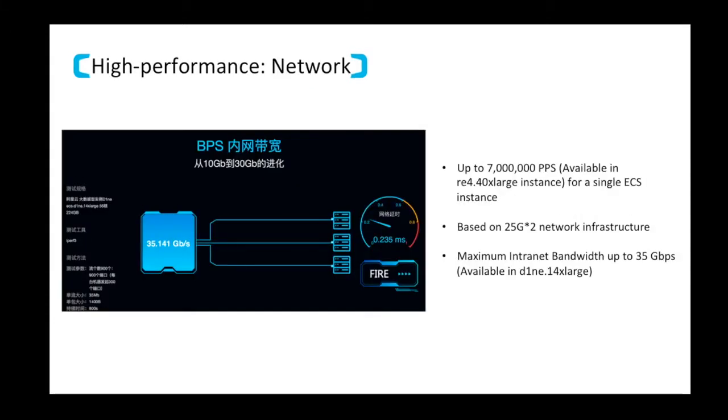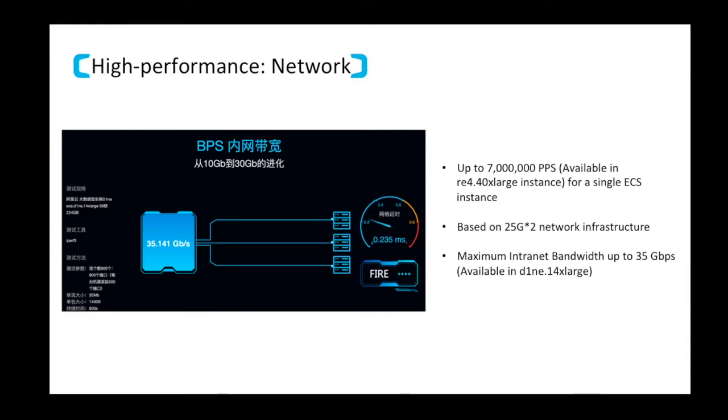Let's now look at the networking performance, another important performance factor. Alibaba Cloud provides at least 10 gigabits networking within its data center, and 25 gigabits networking is also available in several regions. We provide up to 7 million PPS, which is available in instance re4 to 40 xnach.